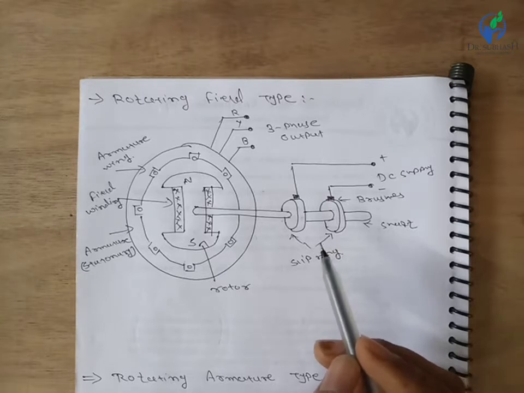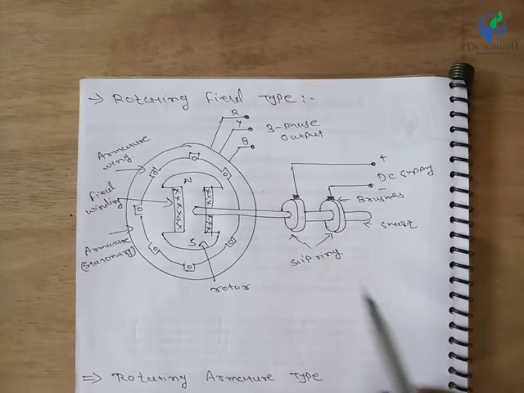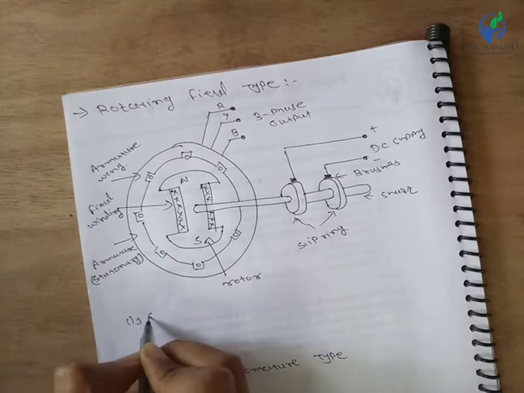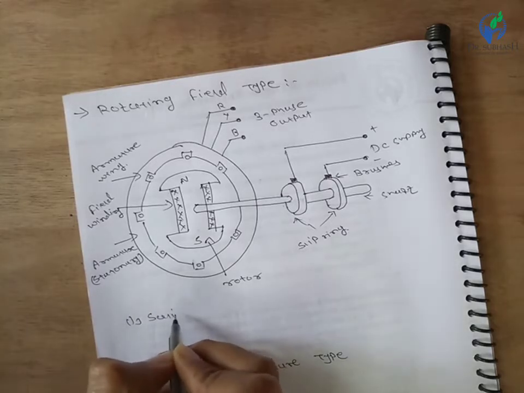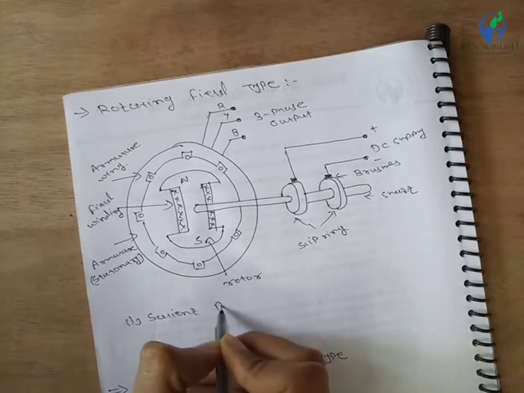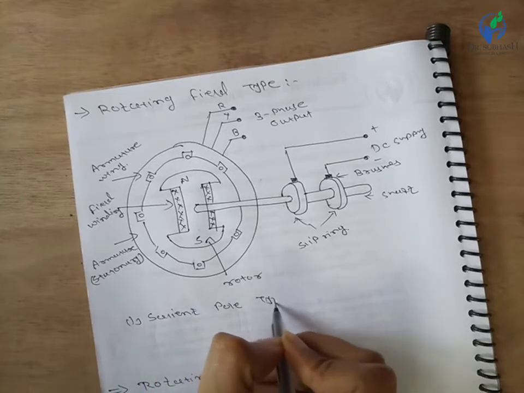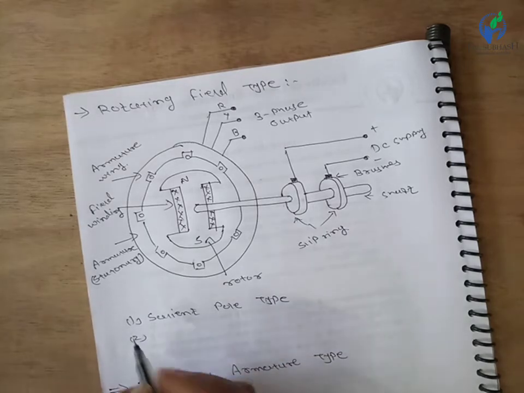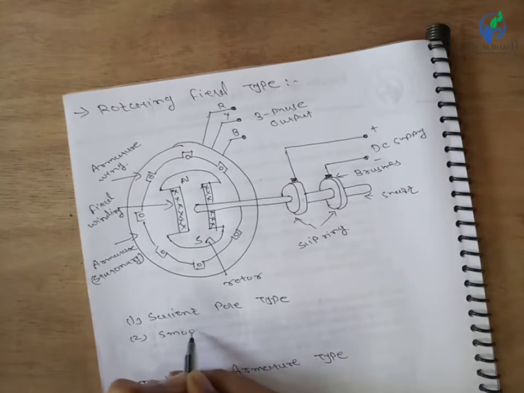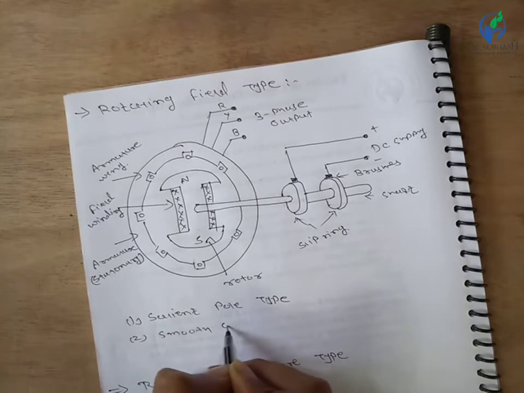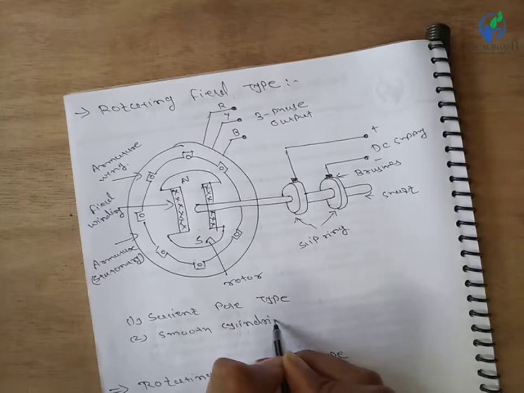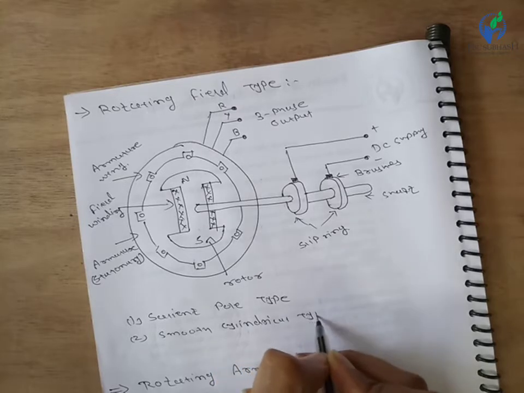There are two types of rotor construction in the rotating field type. The first one is salient pole type, and the second one is smooth cylindrical type.